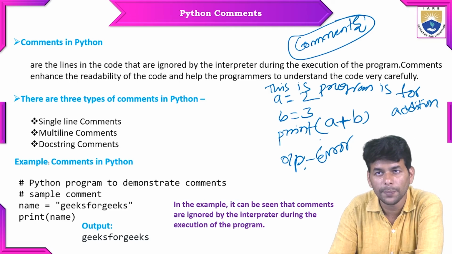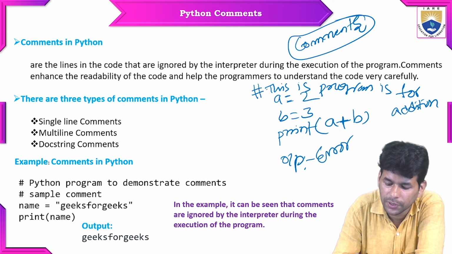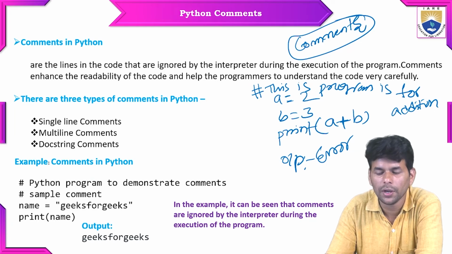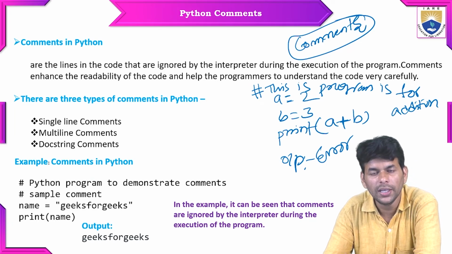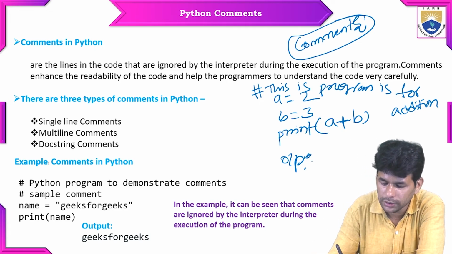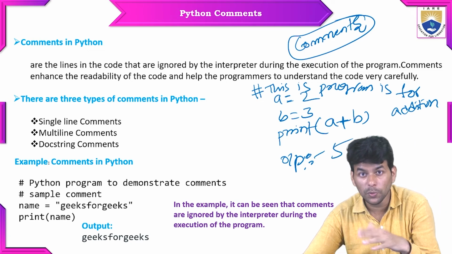To avoid this type of error, I have to use the hash symbol here. Now this is a program for addition will not be treated as a statement for program execution. Then the rest will be executed, and I will get the output 5 here.